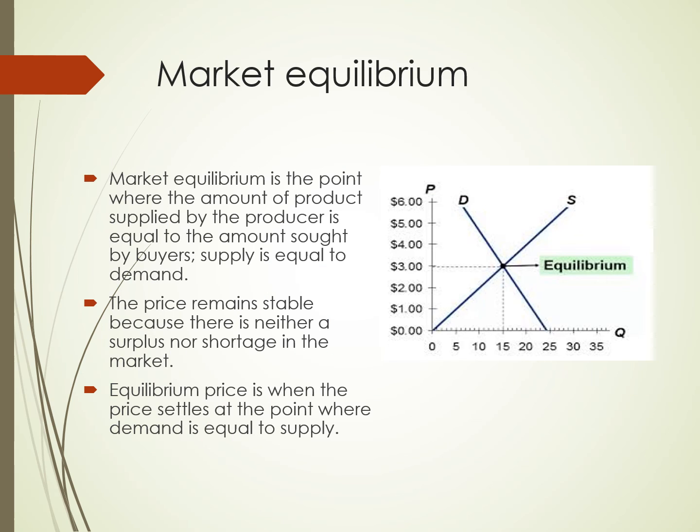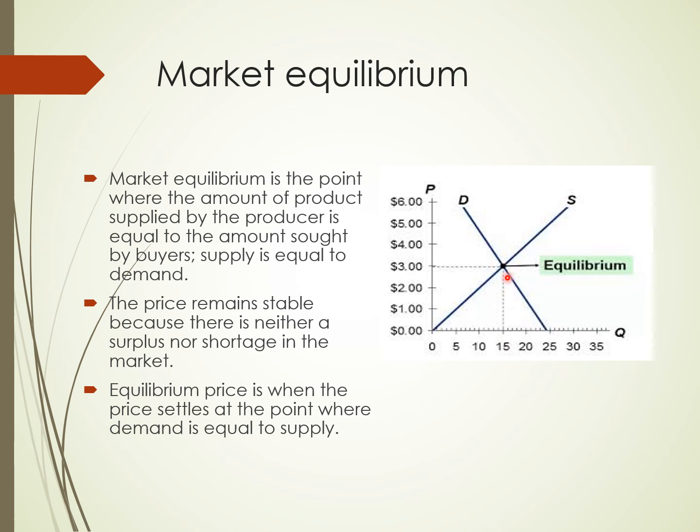Now we are going to look at a market equilibrium. Remember, I indicated that a market is a place whereby the buyers and the consumers meet and interact, whereby selling and buying takes place. So the market equilibrium is a point where the amount supplied by the producer is equal to the amount bought by the buyers. So supply is equal to demand.